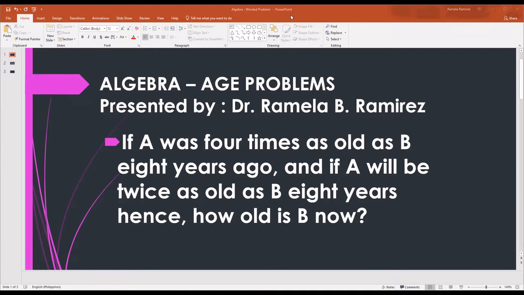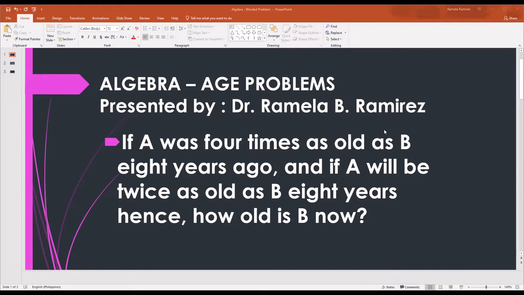So remember, one of the essential things that you need to remember in solving worded problems such as this one, this particularly is an age problem, is to make sure that the phrases or the wordings in the problem will be translated correctly into a mathematical equation.